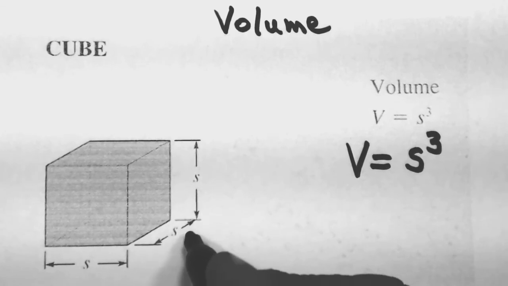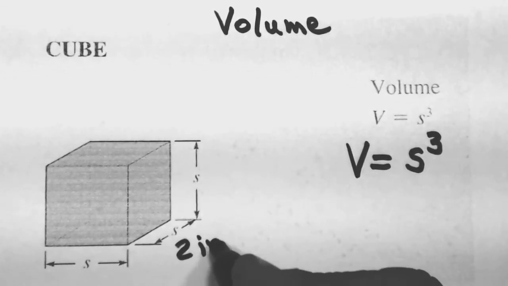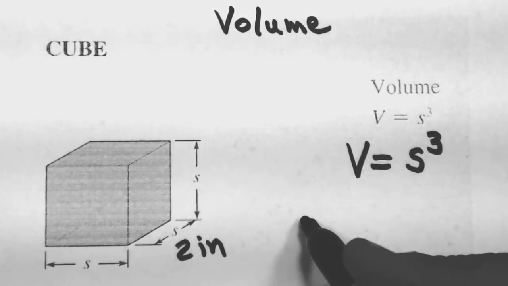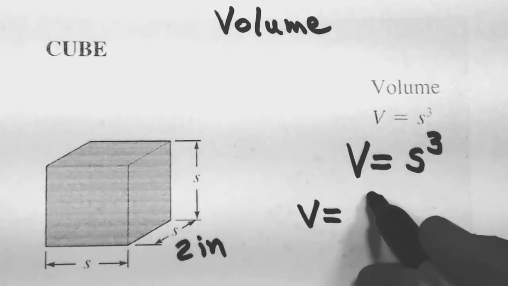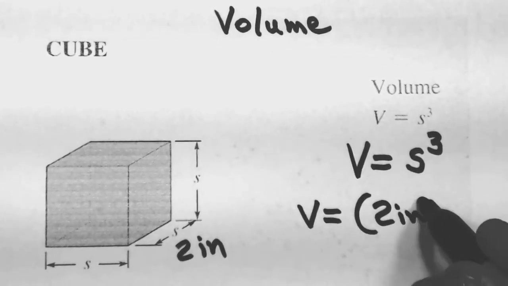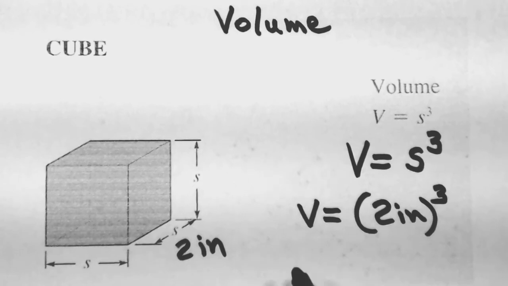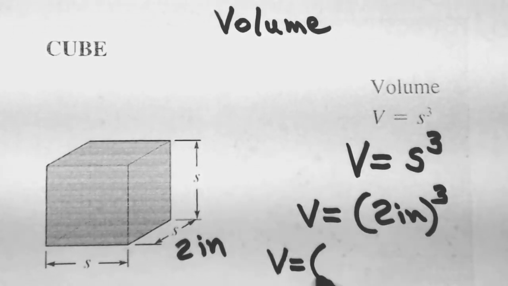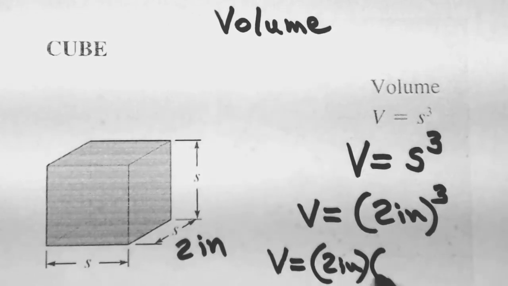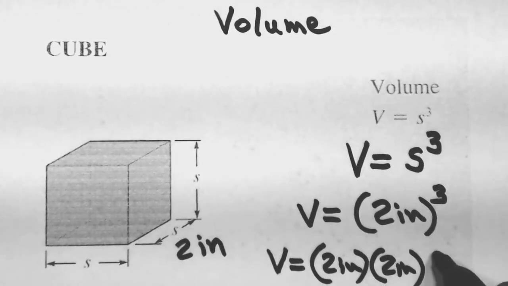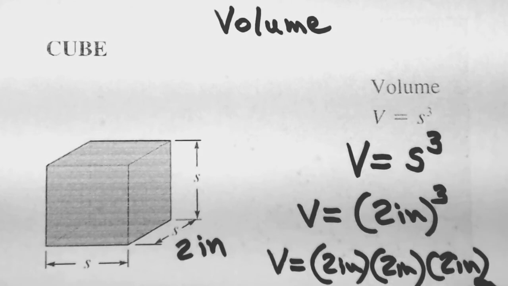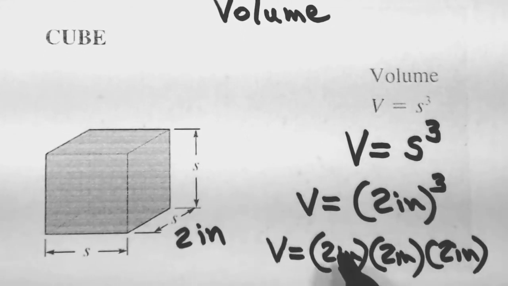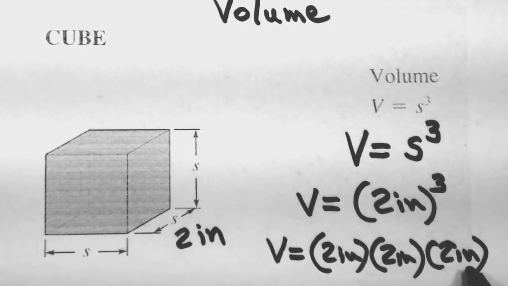Okay, well, if our side happened to be 2 inches here, then what's the V going to equal? Well, it's going to equal the 2 inches cubed, which, of course, one of the representations, if you want to kind of drag it out here, would be 2 inches times 2 inches times 2 inches. Remember, that's what a power like cube means, how many times you're multiplying this guy.